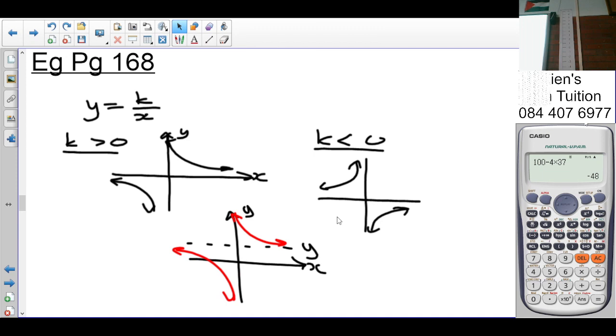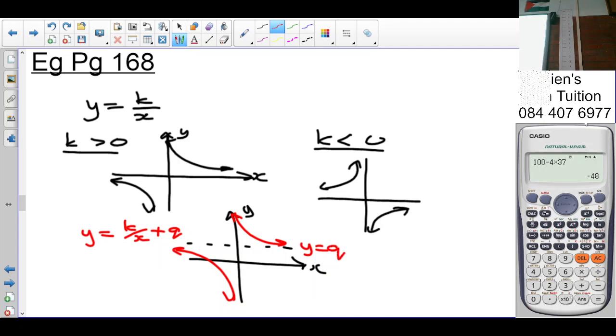Okay. I'm saying here, if you got this now, so you got the equation y is equal to k over x plus q, then this asymptote is going to move also q units up. Not so? So if that is the case, then the graph is also going to move q units up. You understand?